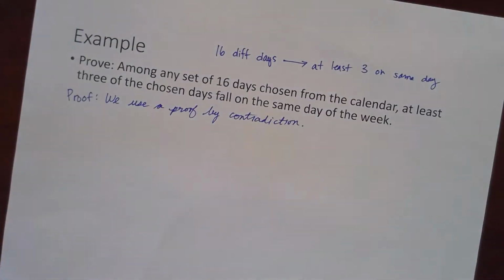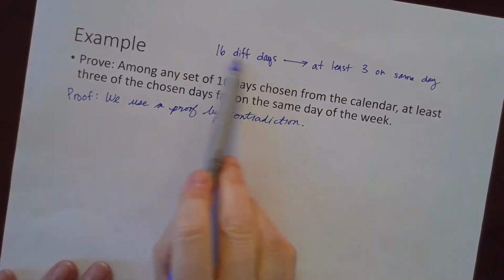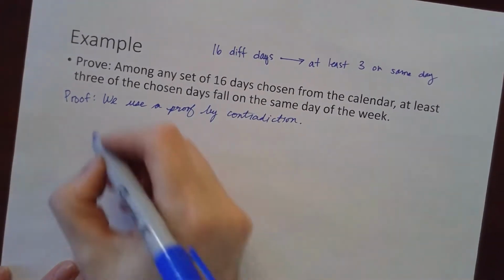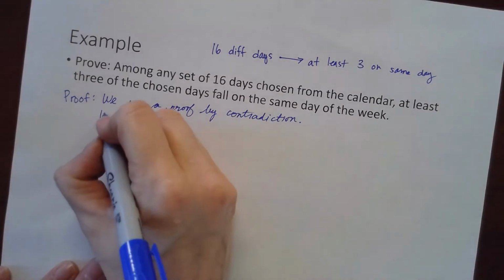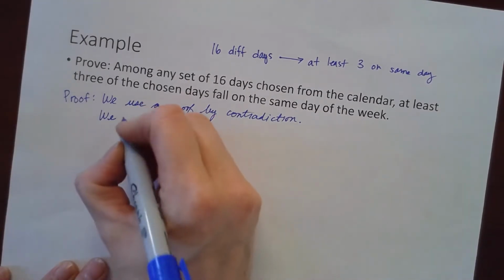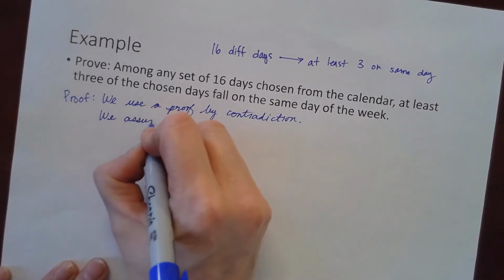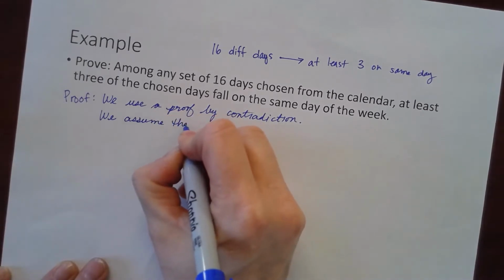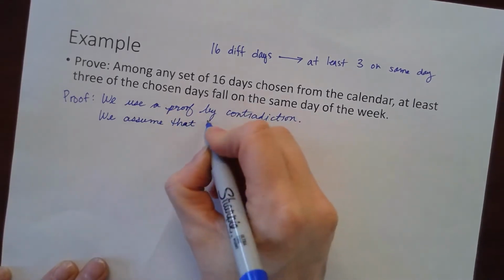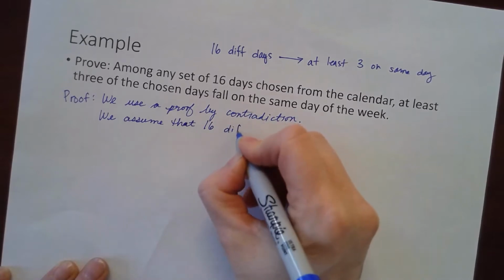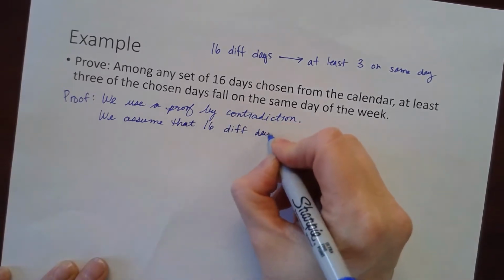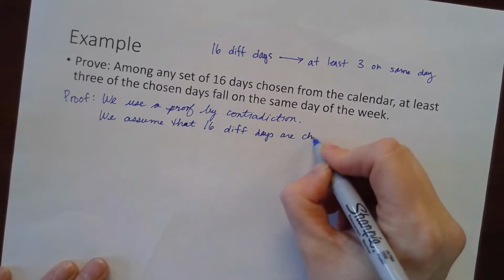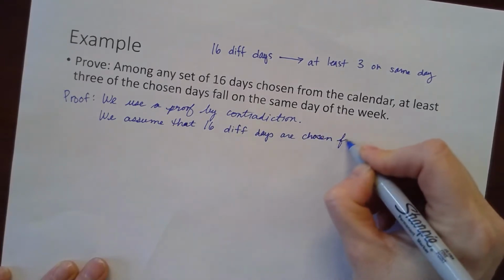Remember, in a proof by contradiction, we start by asserting that our hypothesis is true. So we assume that 16 different days are chosen from the calendar.